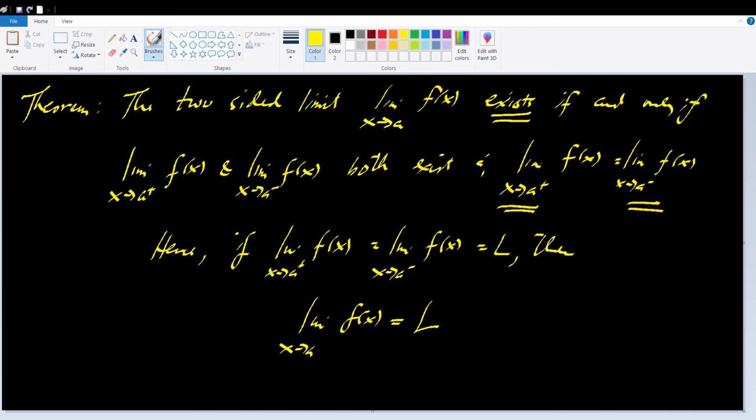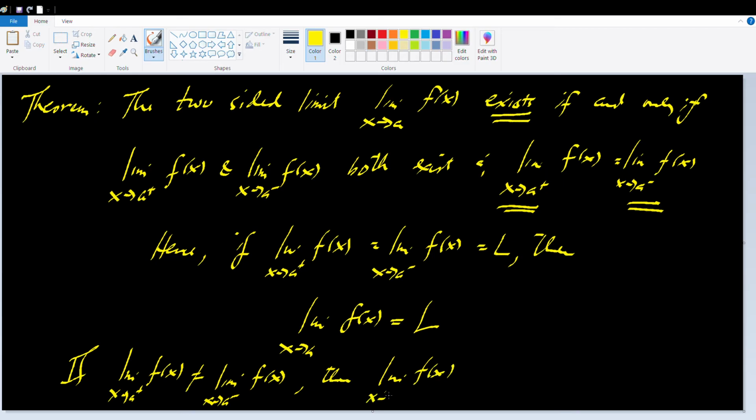The ordinary limit exists provided that the right-hand and the left-hand limit both exist and are equal. So it follows that if the limit of f of x as x approaches a from the right is different from the limit of f of x as x approaches a from the left, then the limit of f of x as x approaches a does not exist.